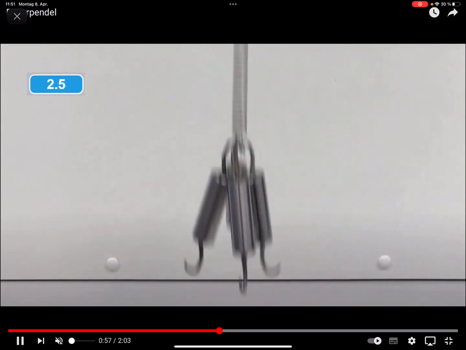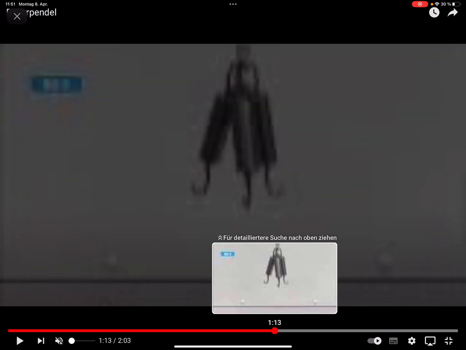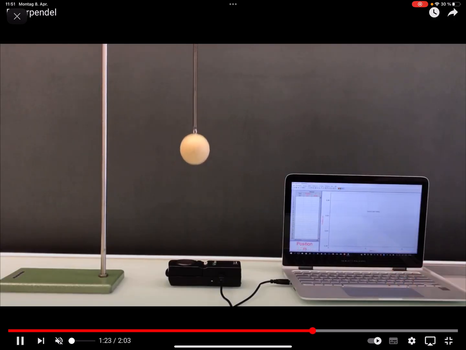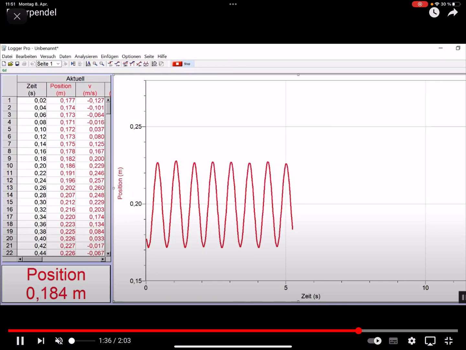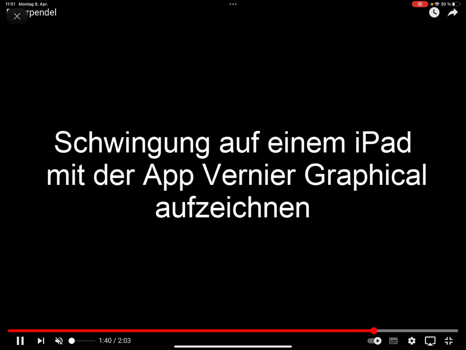What we can see here is already that when you measure the distance between that sensor and the ball that is oscillating, it's going up and down, and this curve looks pretty much like a sine curve or a cosine curve.